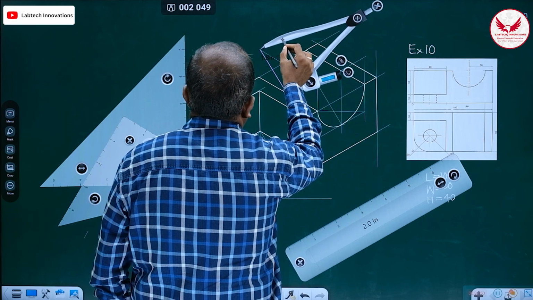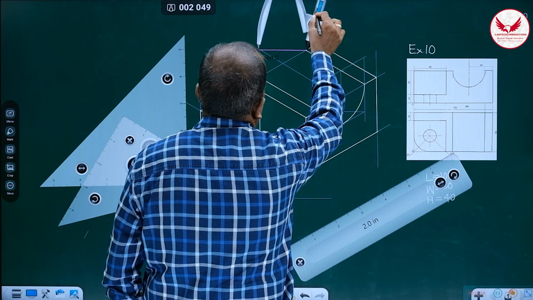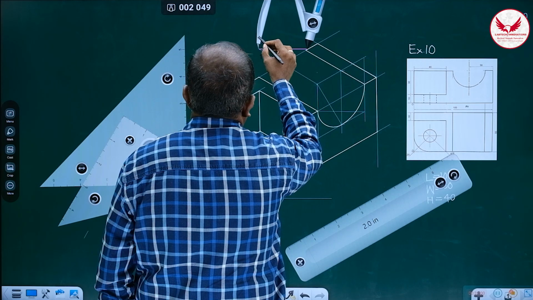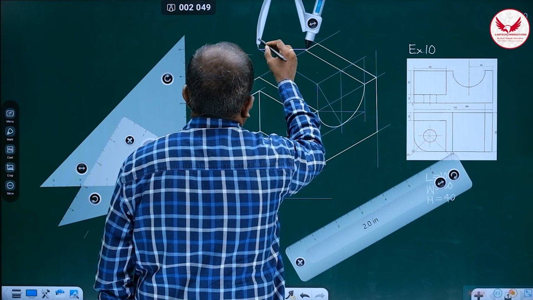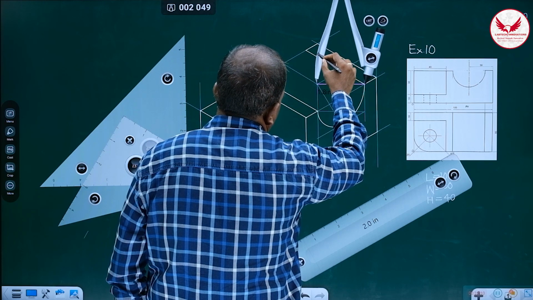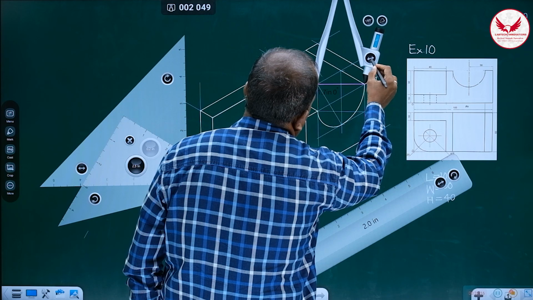If we shift this center at this place and rotate it, it must match with that point. Same radius. Definitely it will match.